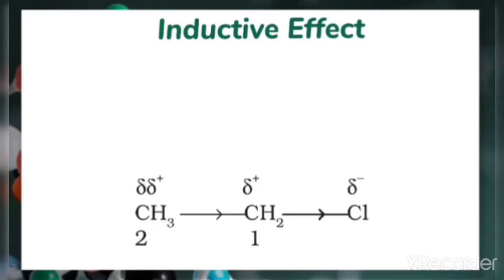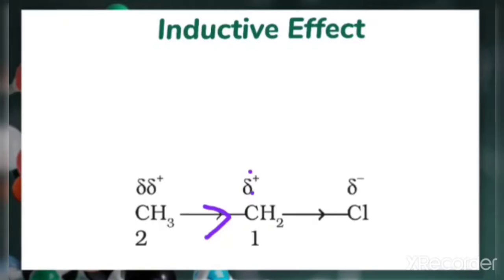Due to this, the partial positive charge developed on the first carbon withdraws the electrons of the covalent bond towards itself, because, being positively charged, it withdraws the electrons towards itself.